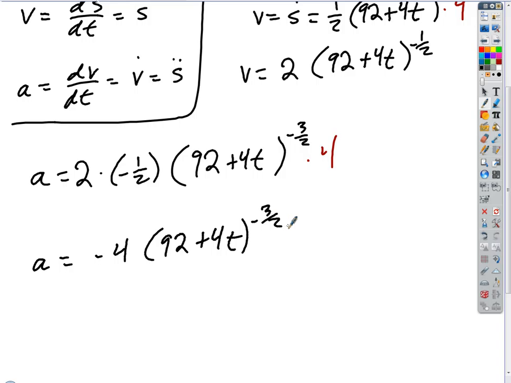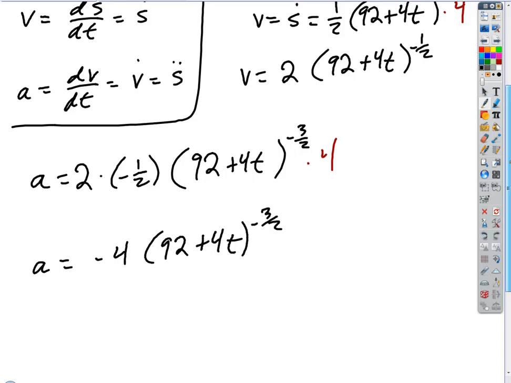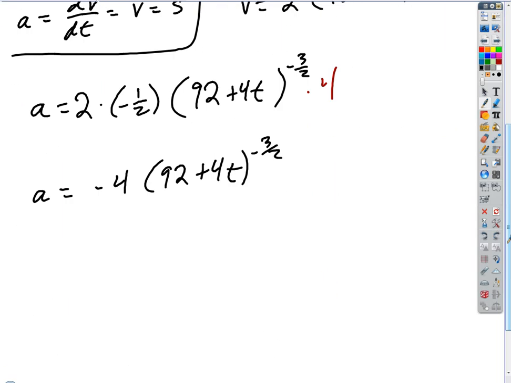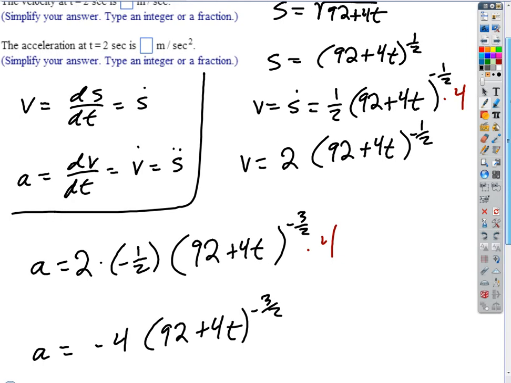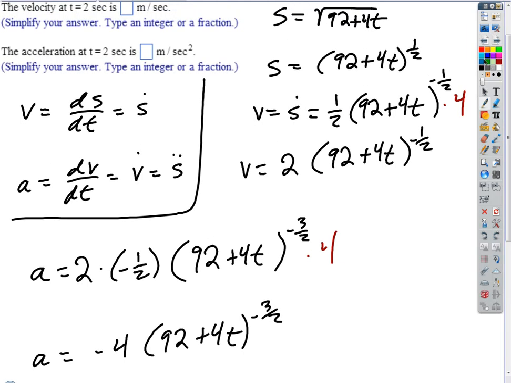And now all they ask us to do is just evaluate. We'll just plug in 2 for t, okay? And so v of 2 would equal what? If I plug in 2, what's the number inside going to be? 100, yeah, the square root of 100 is 10. But it's a negative 1/2 power, so it's on the bottom.